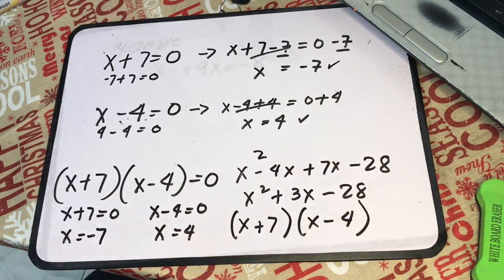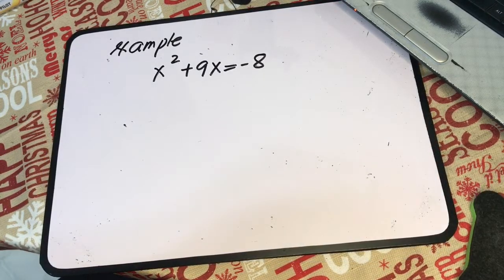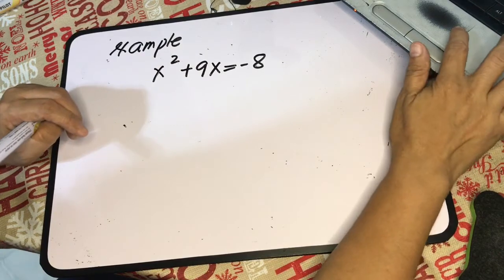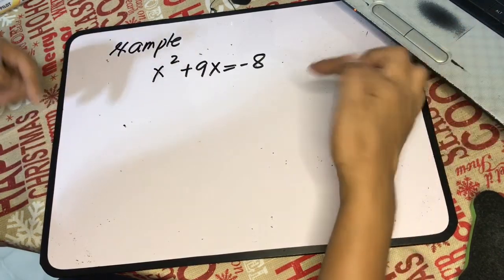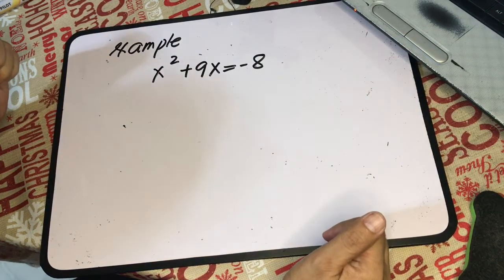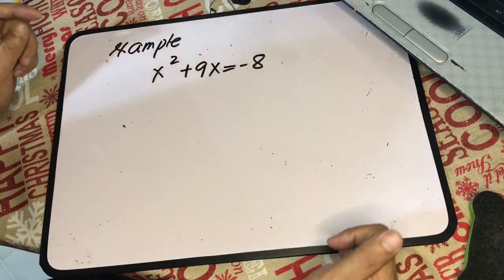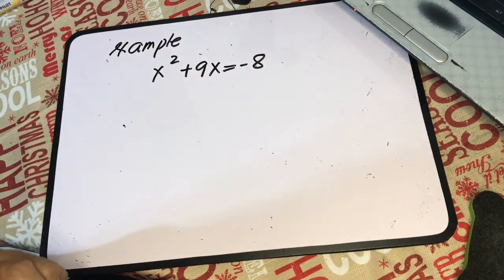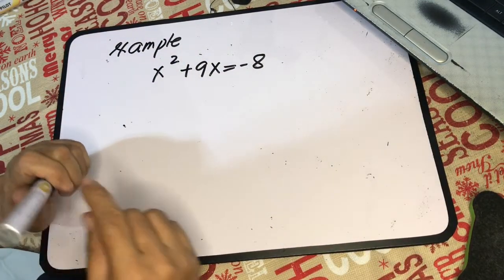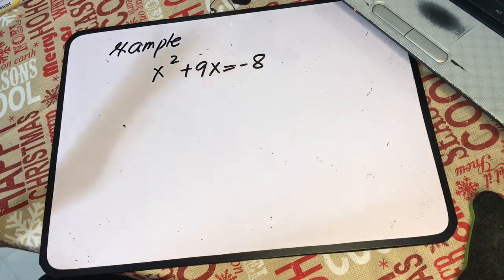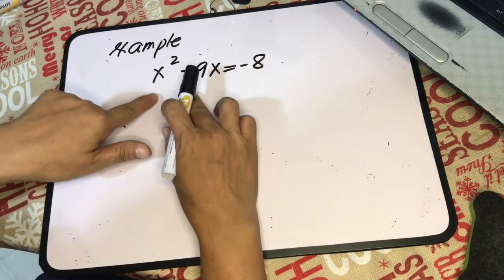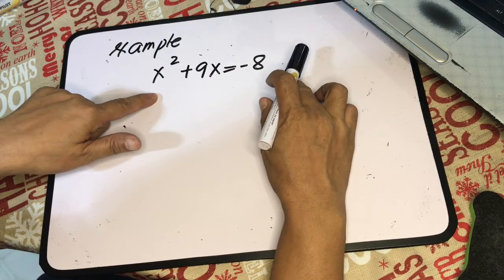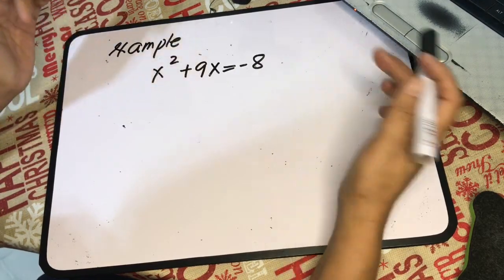Okay, examples. We have 5 steps in answering this equation. First, you have to transform the quadratic equation into standard form if it is necessary. As you can see, this equation is not yet in standard form.